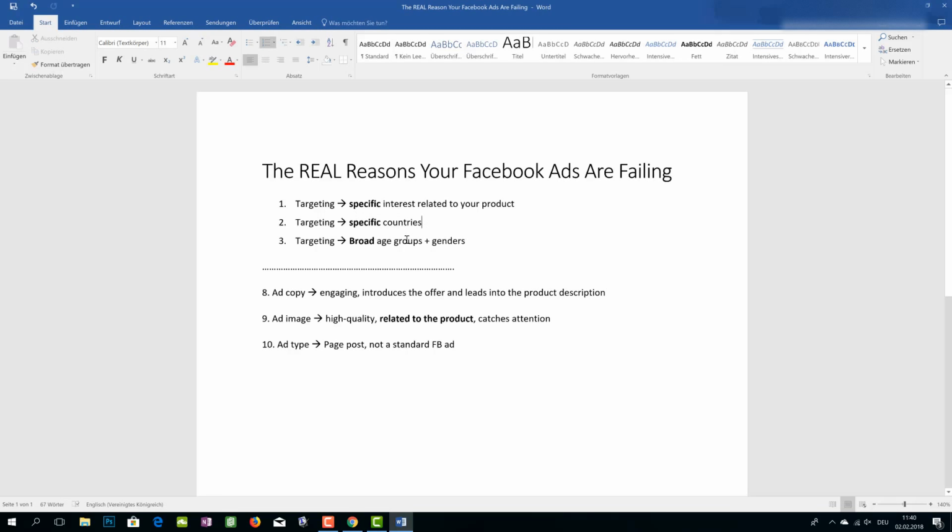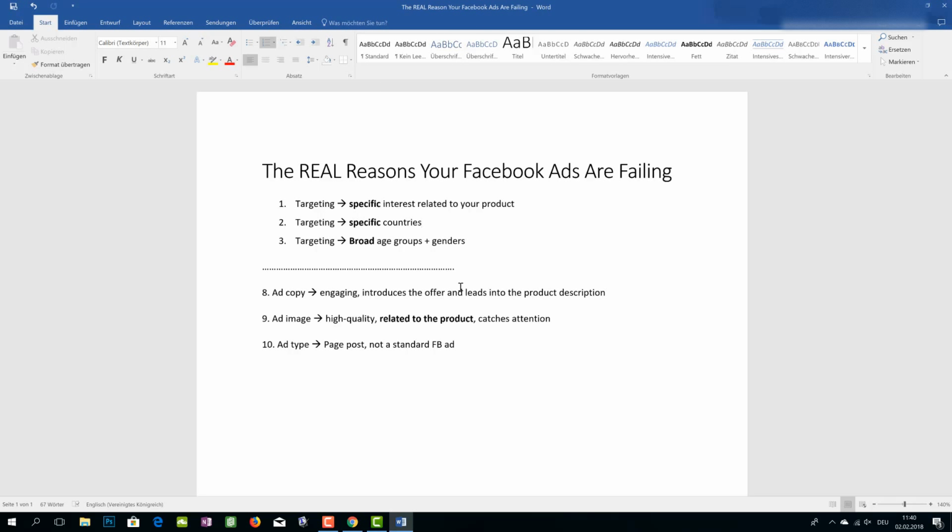Getting traffic from Brazil or India is not as valuable as getting traffic from the United States. You want to target either just the United States, or whatever country you're selling to, or you could sell to the top English speaking countries, top 5 or whatever. But you have to set specific countries in your targeting.